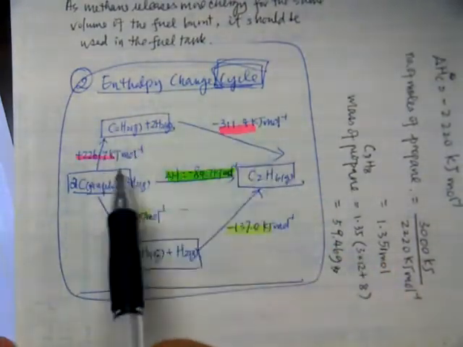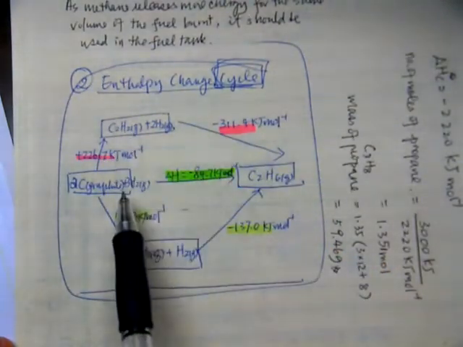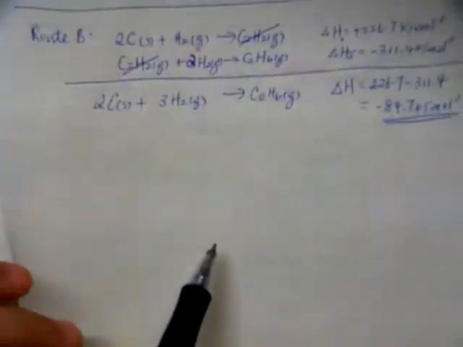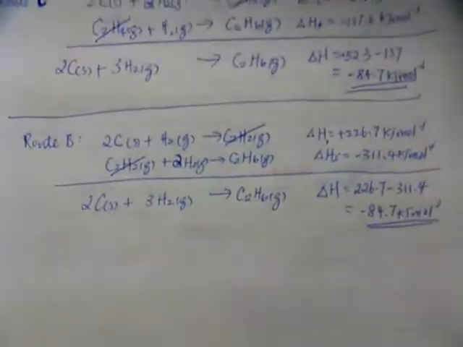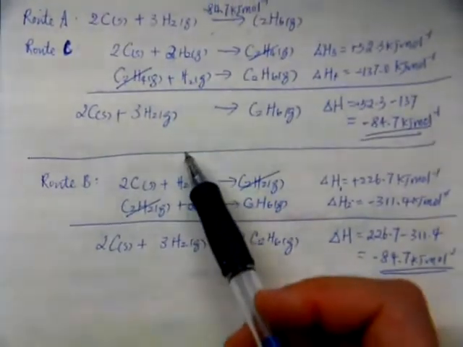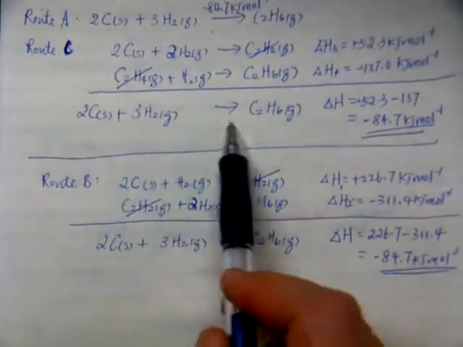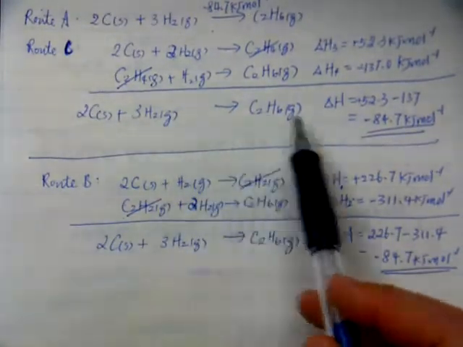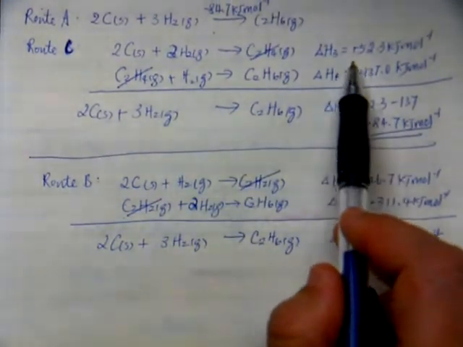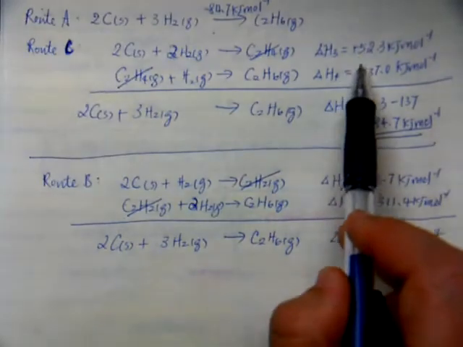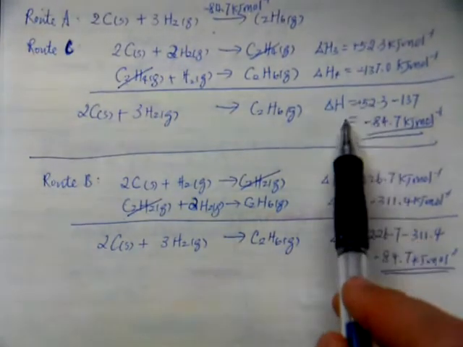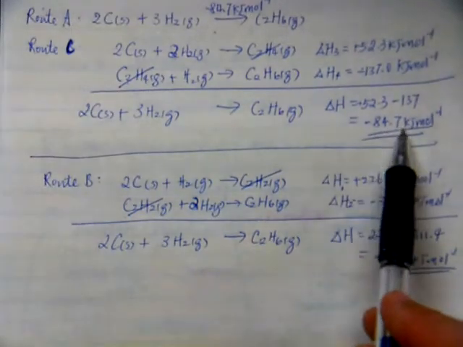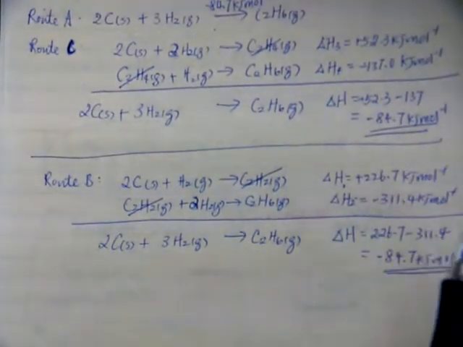It doesn't matter, simply relate them together. And then the third method, by doing summation to work out the overall reaction. And then next, you can simply do the summation on the enthalpy change to work out the overall enthalpy change. You can see that all are the same.